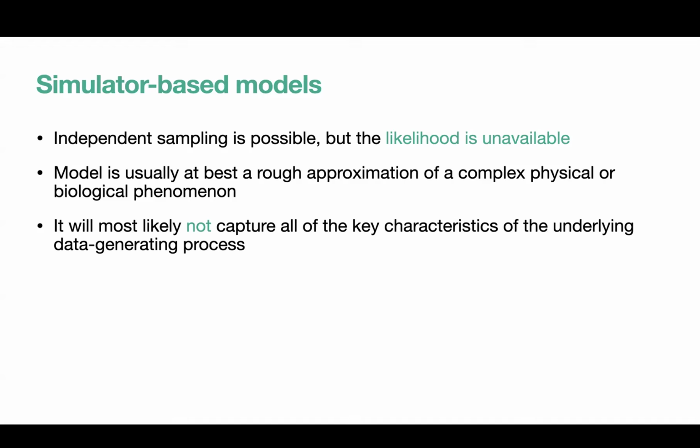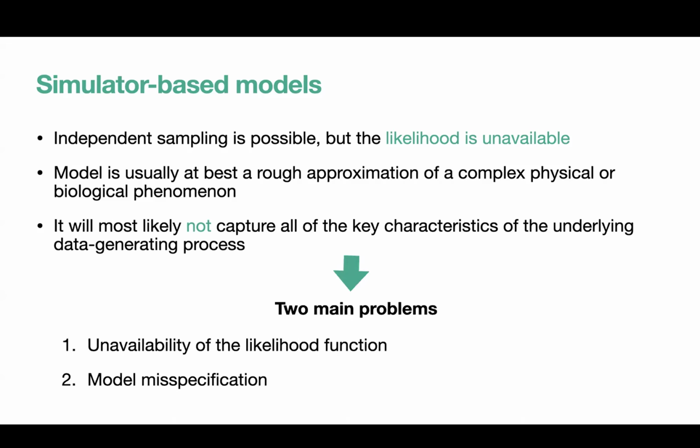These models, also called simulator models or generator models, are usually very complicated models that try to explain natural phenomena that are hard to capture with a mathematical model. As a result, they usually don't have a likelihood, and they're very likely to be misspecified. So we apply this framework in this setting, where you want to target both of these issues at the same time.